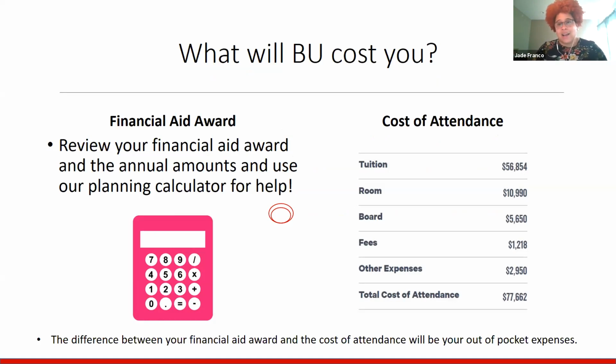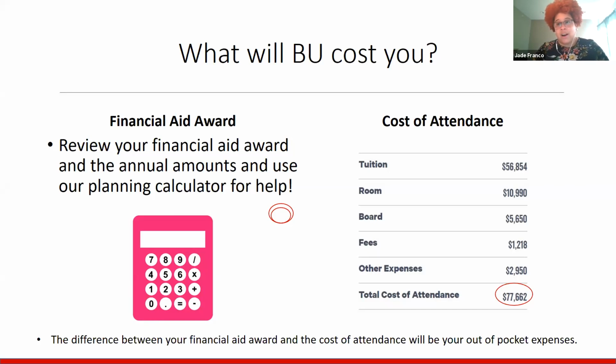So as the slide points out, the cost of attendance at Boston University is $77,662 for this upcoming academic year. That includes the standard tuition rate of $56,854, room and meal plan or board.